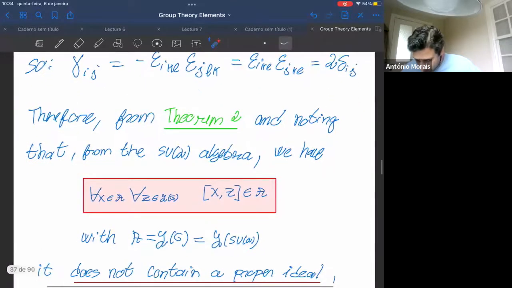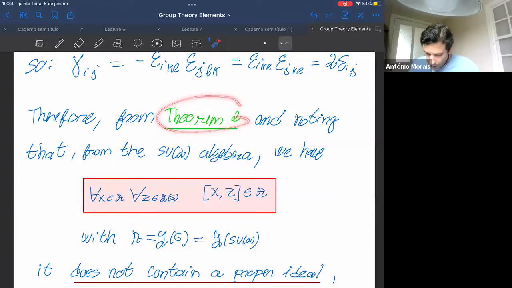And from a second theorem, theorem number 2, we note that from the SU2 algebra, we have this condition here, where A is the SU2 algebra and X are generators of A. Exactly.